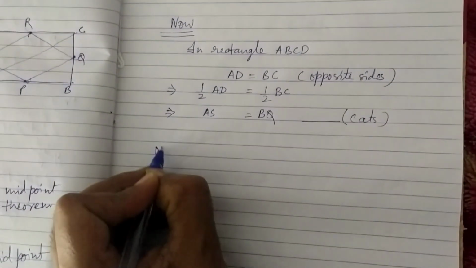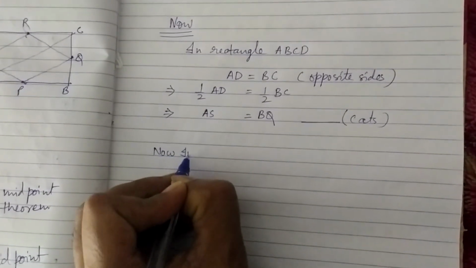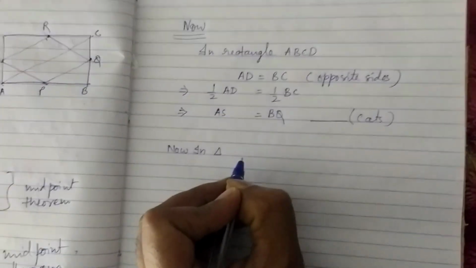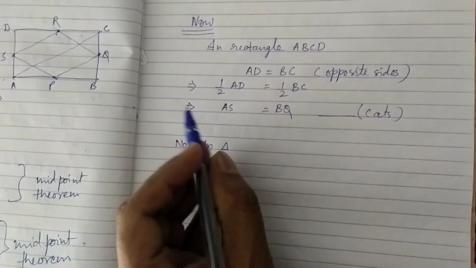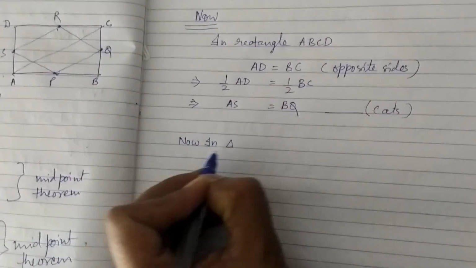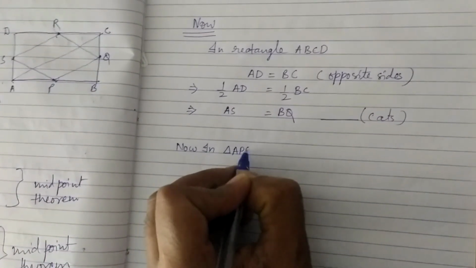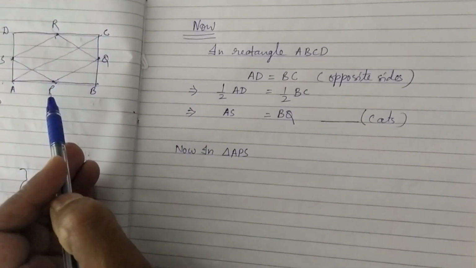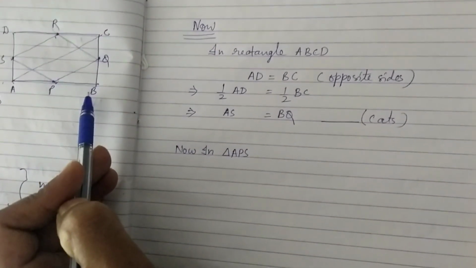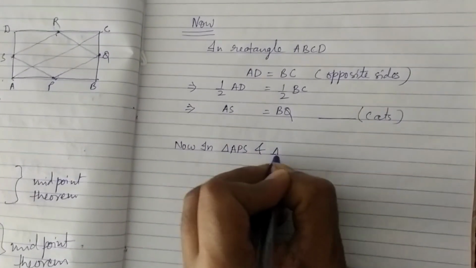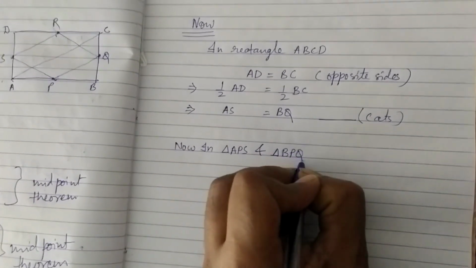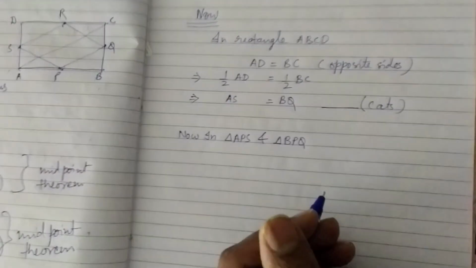Now in triangle APS and in triangle BPQ, what can you write?